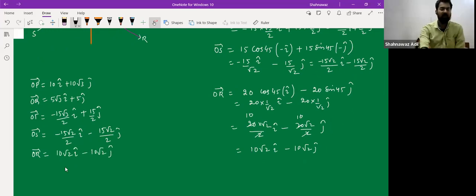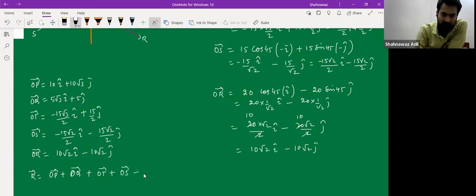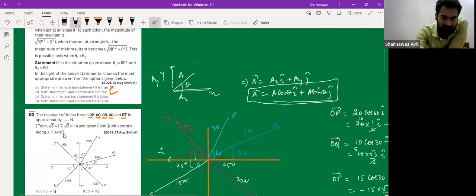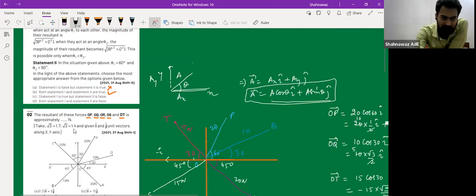Okay, now they want us to calculate the resultant. So resultant would be what? Simply OP plus OQ plus OT plus OS plus OR, right? And they are also saying that we have to take root 3 as 1.7 and root 2 as 1.4.